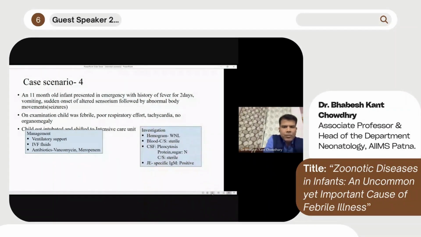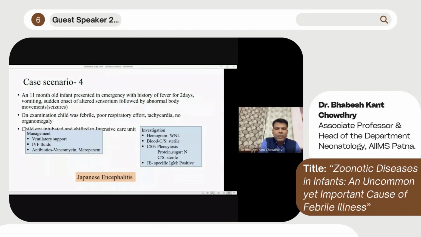Investigation showed that hemogram was within normal limits and blood culture was sterile. In CSF analysis, as the baby had a history of seizure, protein and sugar were normal, but there was some pleocytosis which was lymphocyte predominant, and the CSF culture was also sterile. But when JE IgM was sent, it came out positive, so supportive management only is there for the treatment of Japanese encephalitis.